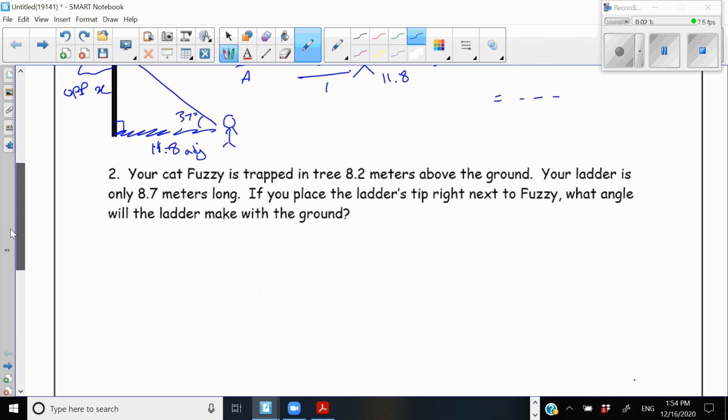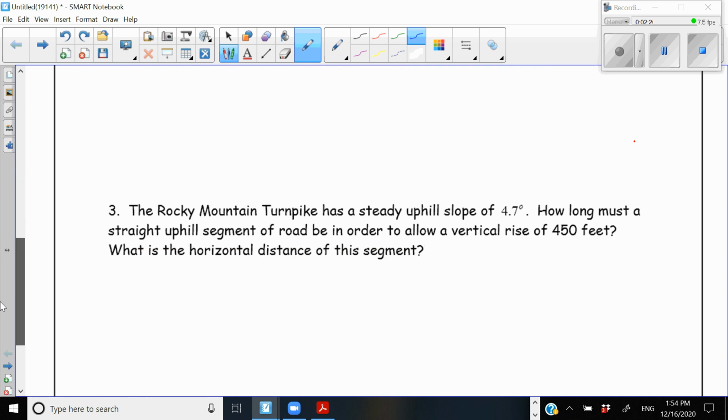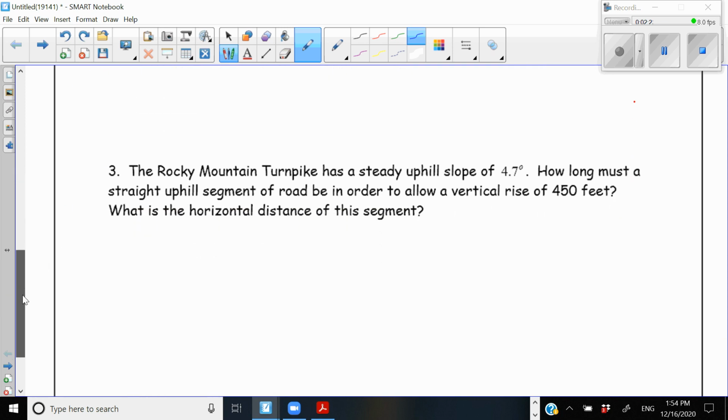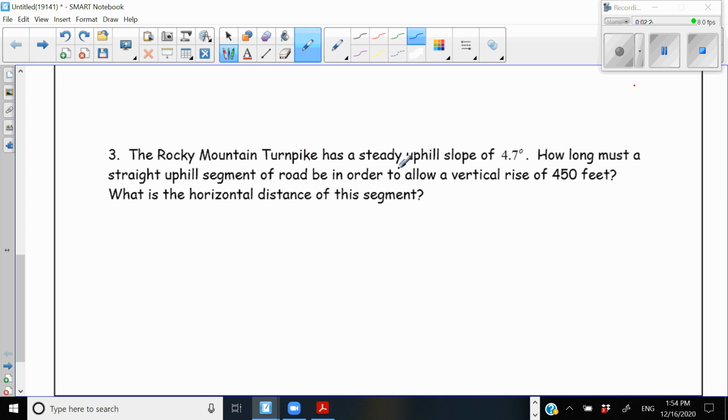Now let's go to the next problem, number 3 here. The Rocky Mountain Turnpike has a steady uphill slope of 4.7 degrees. So let's say this is the Rocky Mountain Turnpike, and it has a steady uphill slope of 4.7. So this angle is 4.7.